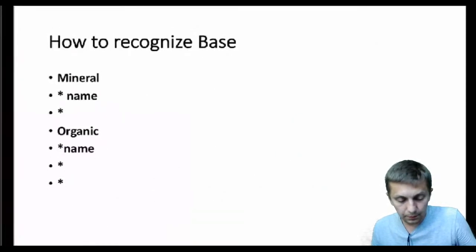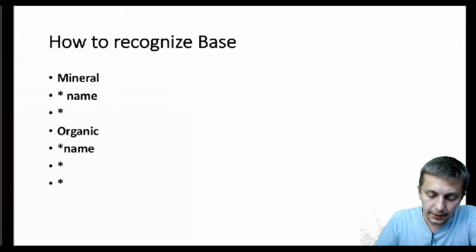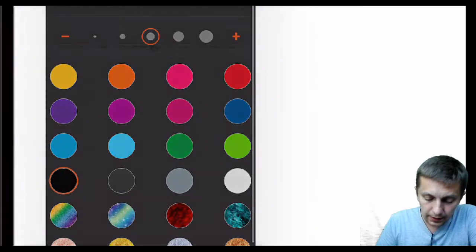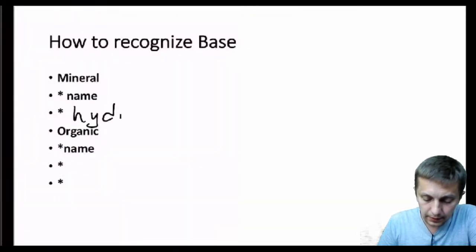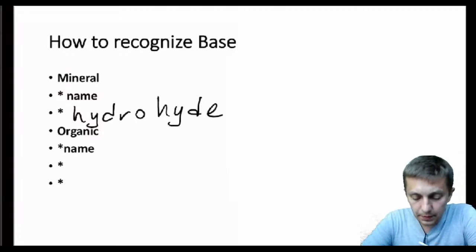Another group of compounds is bases. It's typically present in the name as the word hydroxide, if you're dealing with mineral compounds.